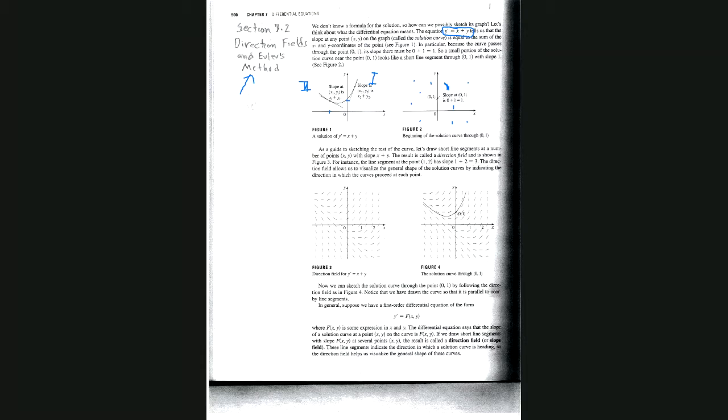It's the derivative of the solution. And if you were to do this, you would get something called a direction field. Sometimes it's called a slope field, but we're going to call it a direction field. And here's your direction field.